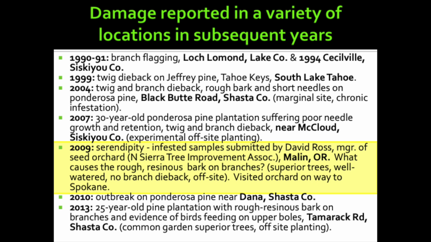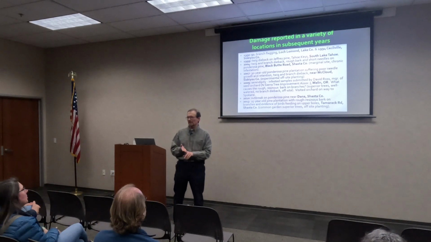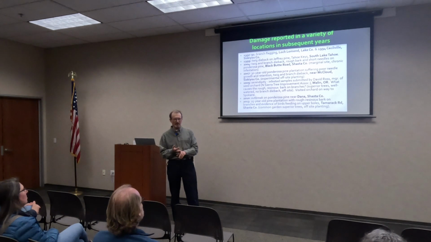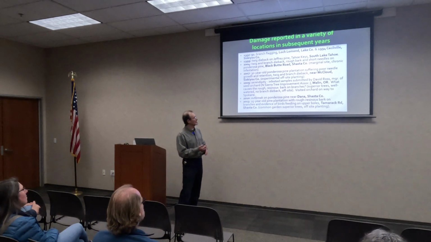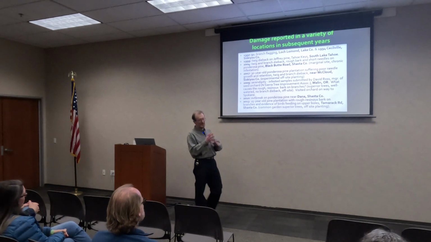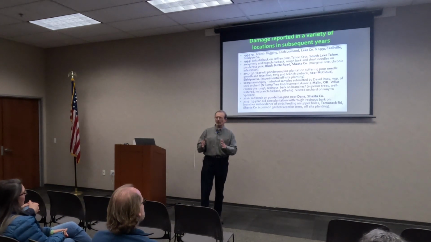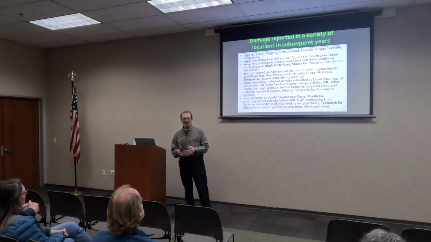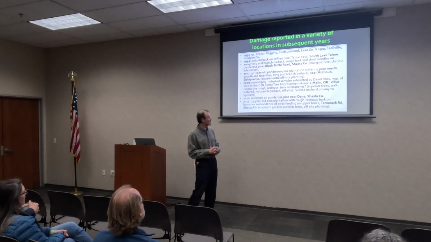There are trees that are either planted off-site, or they are trees that are on the margin of where they should be growing. In other words, they're under stress because they're not in an ideal environment. So this insect can become a problem in situations where the trees really don't quite belong there, and the trees can't defend themselves that well from this particular insect.